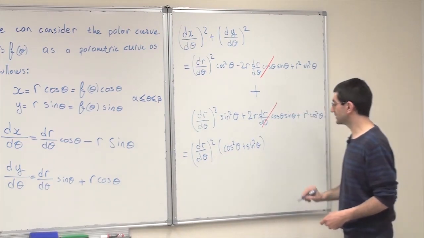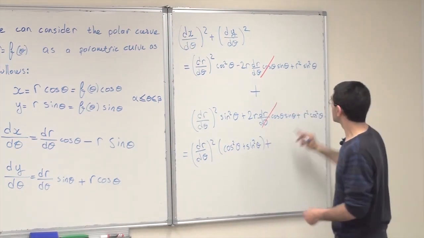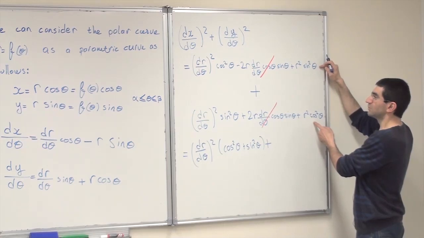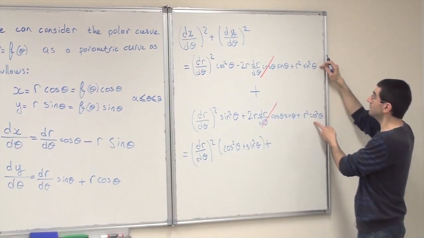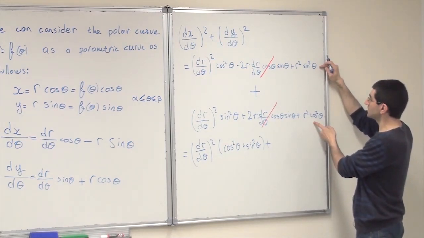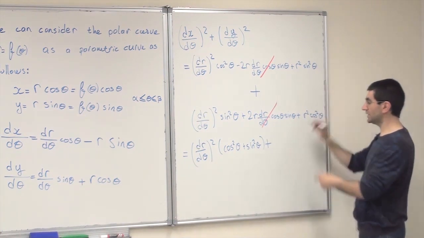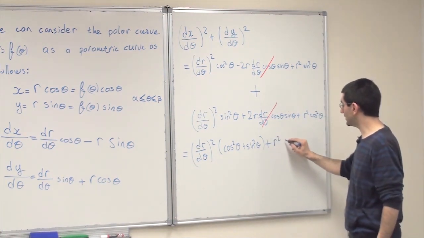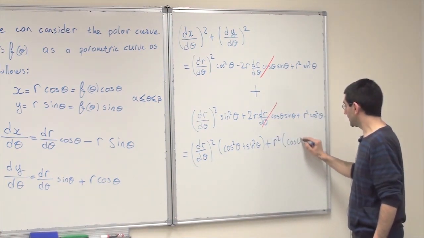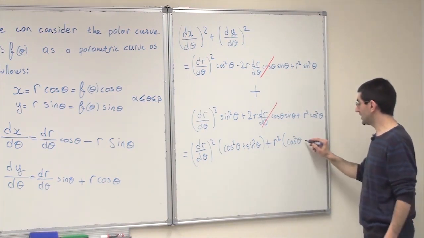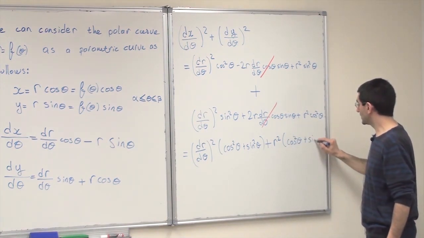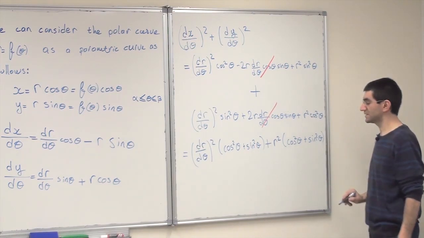If we look at the last terms in each sum, we have r squared sine squared and r squared cosine squared, so r squared is in common. If we factor that out, we have r squared times cosine squared plus sine squared inside a parenthesis.